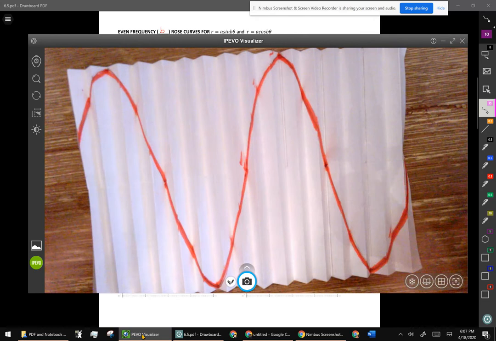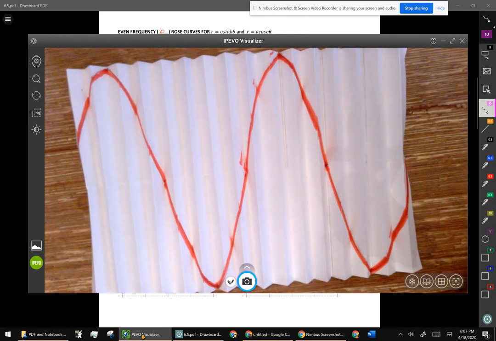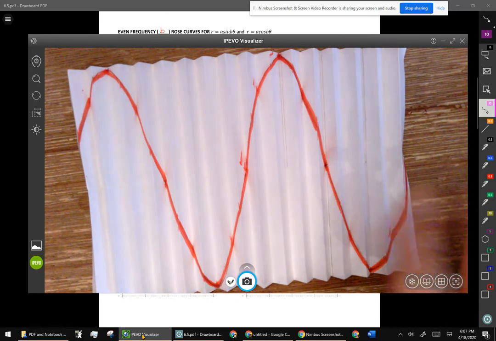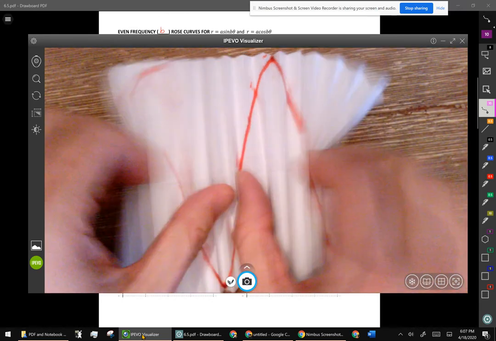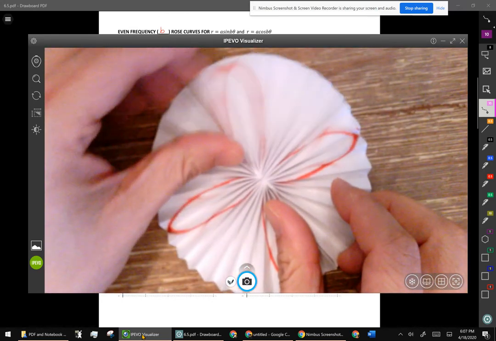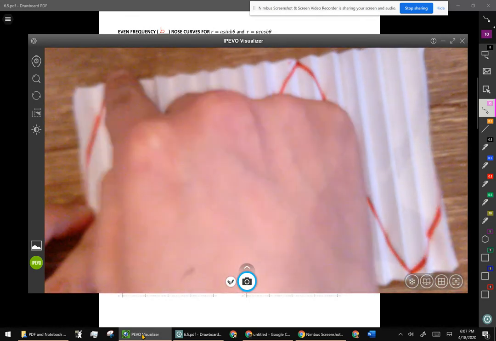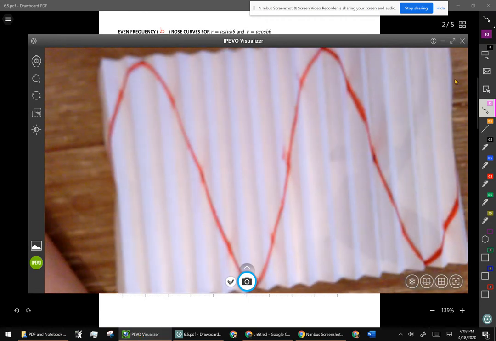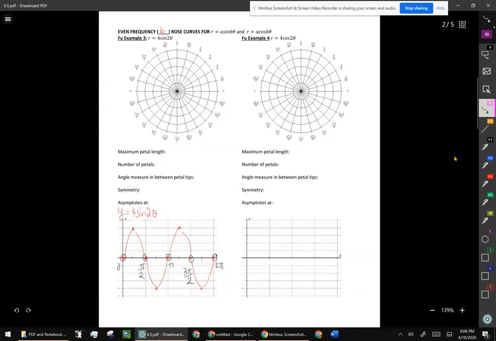Hopefully this helps you guys understand what's going on. Now, the order in which these petals correspond, this is quadrant 1 and this is quadrant 2 and so forth, doesn't match up with the way it's actually drawn. But hopefully that still gives you an understanding of how this axis is the same as this, okay?